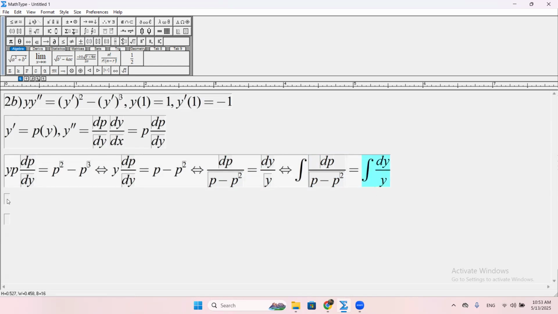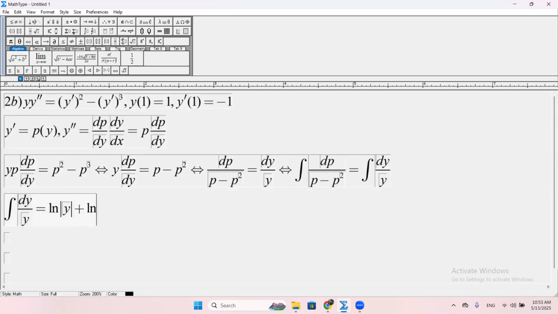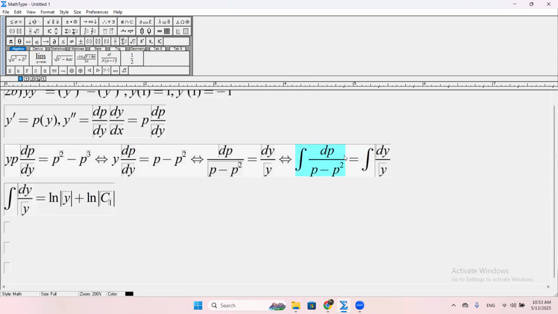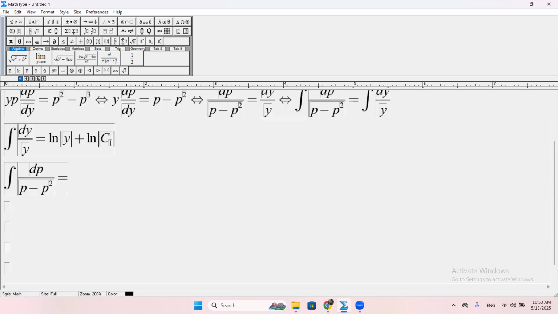So this integral will be equal to logarithm of y plus logarithm of C1. And what about this integral? We will use the method of undetermined coefficients.